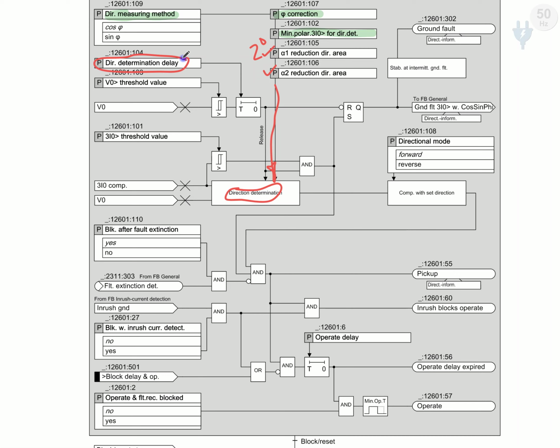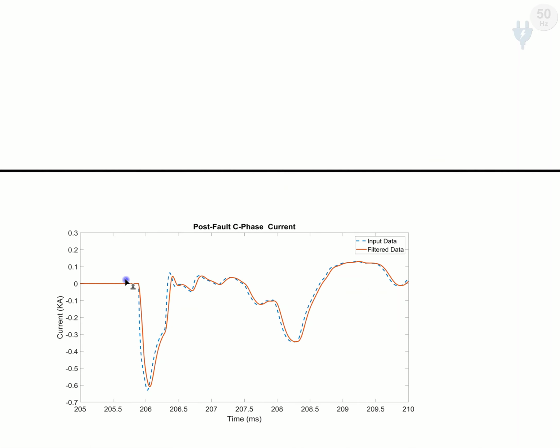Sometimes in the systems, during the initial start of the fault, we have transient currents, and mostly that transient condition will misguide our system into thinking the direction is reversed. For example, here is one of the graphs after the fault, it means during the fault.